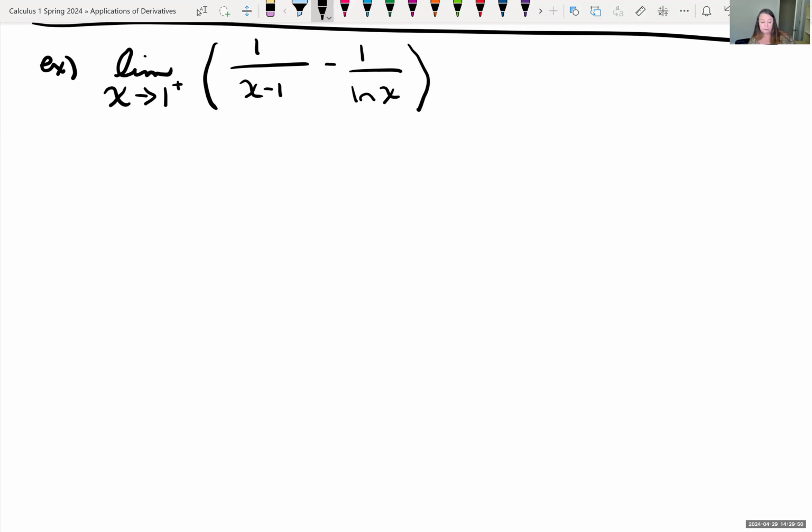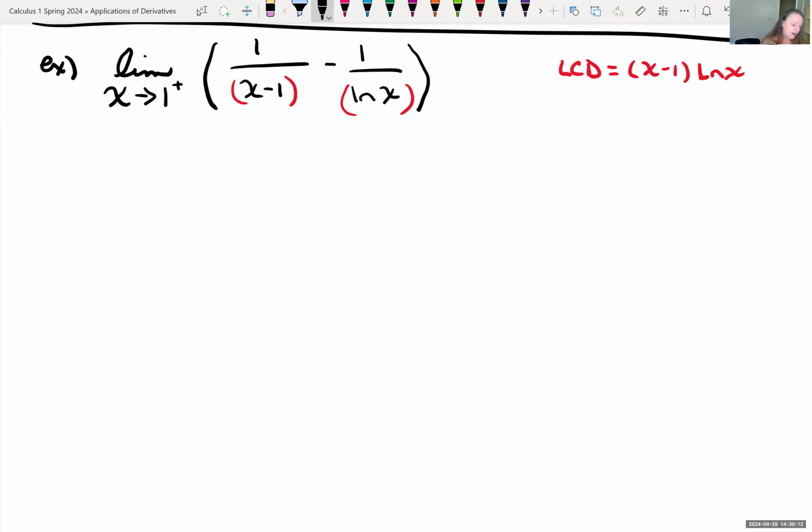I want to manipulate it so that I can use L'Hopital's rule. So if you have two fractions, try rewriting it as a single fraction. So we need a common denominator here. You can see my least common denominator is x minus 1 times the natural log of x.